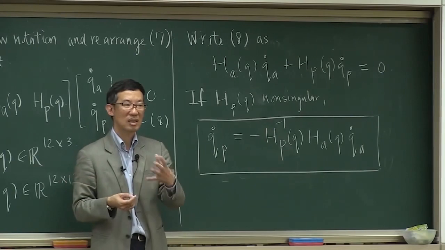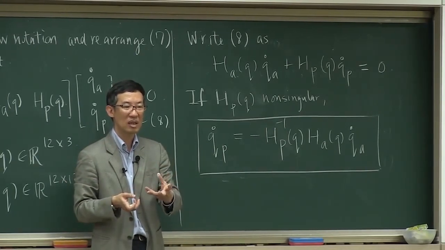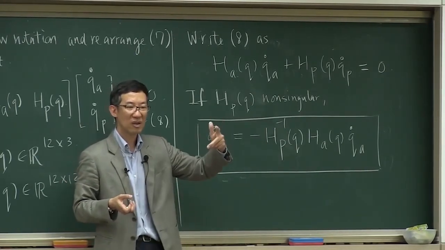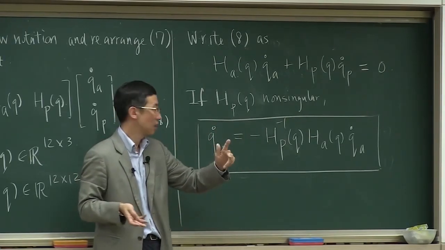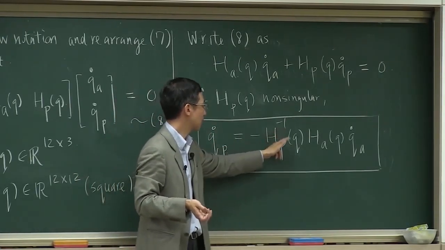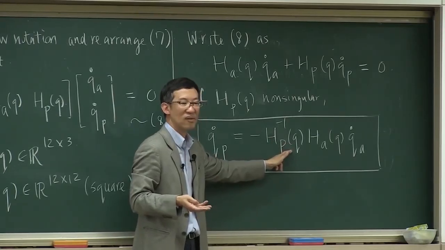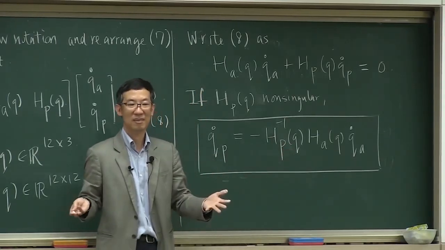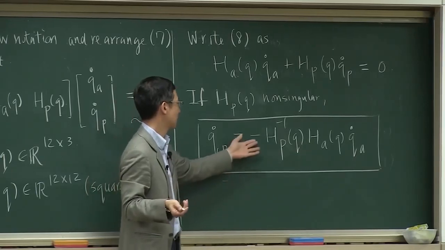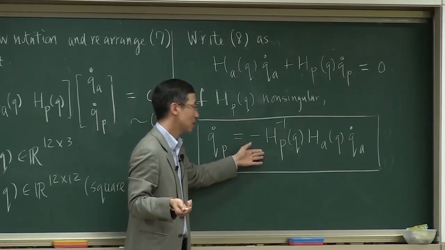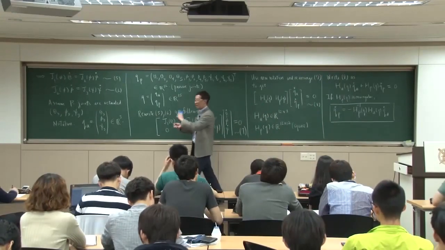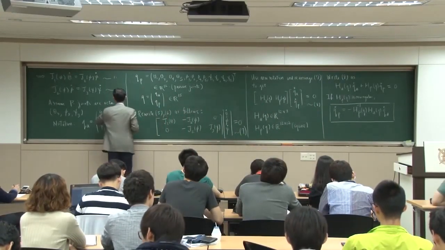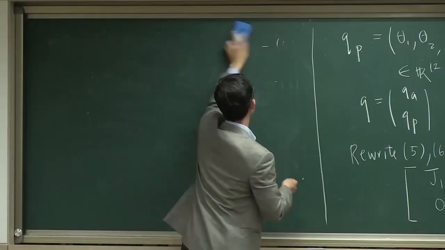A singularity of an open chain is when the end effector loses one or more degrees of freedom. In this case, when this becomes singular, we haven't even talked about an end effector. So this is a different kind of singularity.